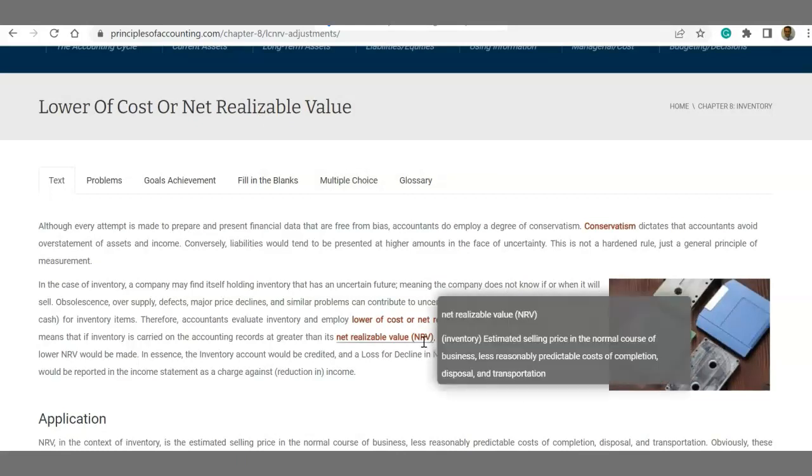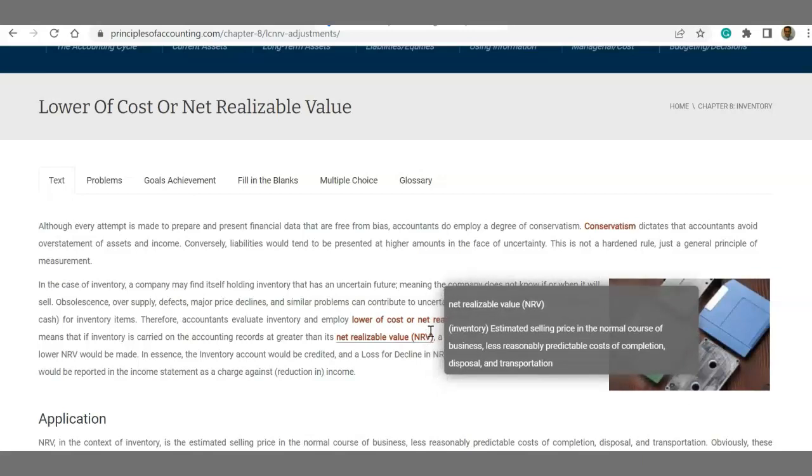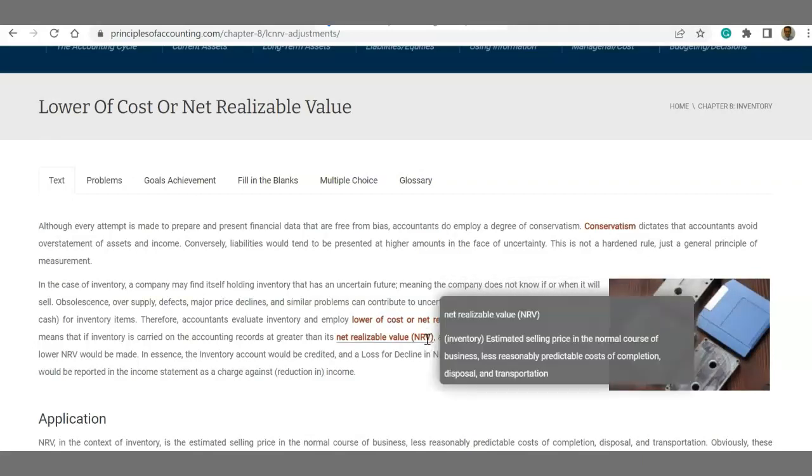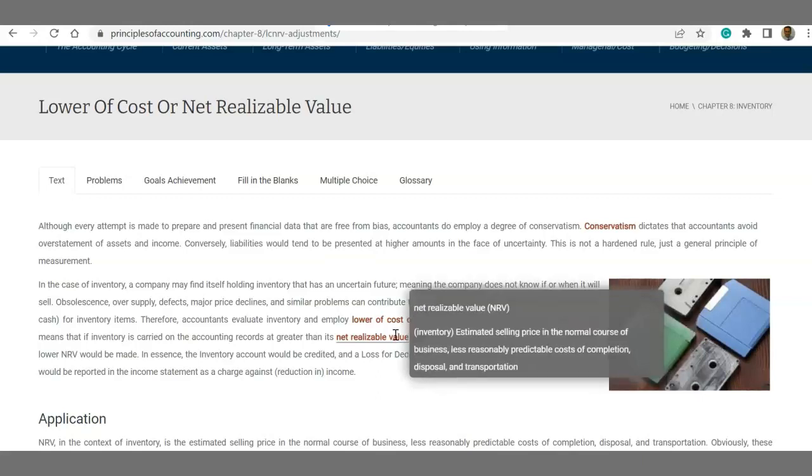So what is the market value? Before it was much more complicated to calculate, but recently, let's say last 10 years, I say, net realizable value, now it is calculated much easier based on market, based on sales, net realizable value.